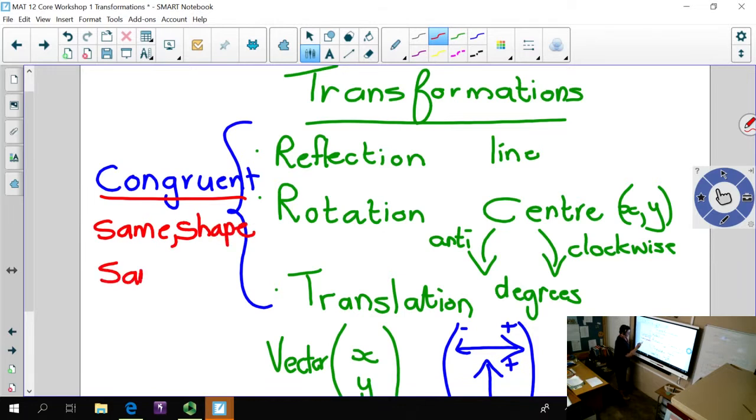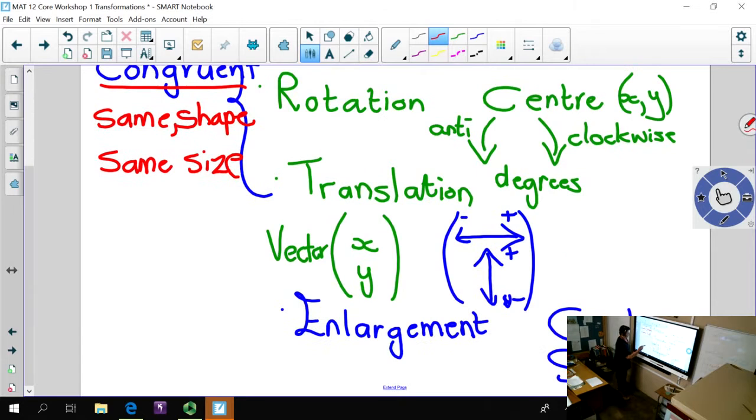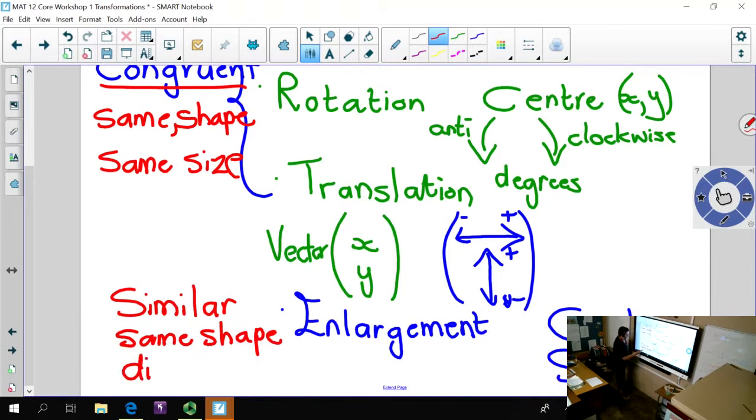The other one is then the enlargement, and the enlargement is similar, similarity, because they are not equal in size, they are similar. And then we say same shape, different size. So this is what we need to know when we do then transformations.